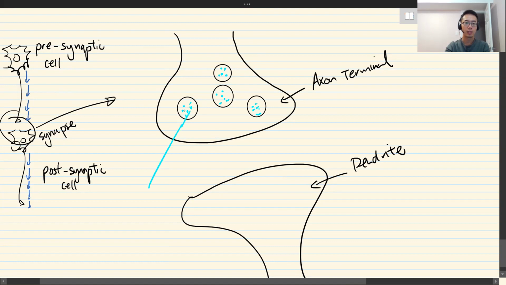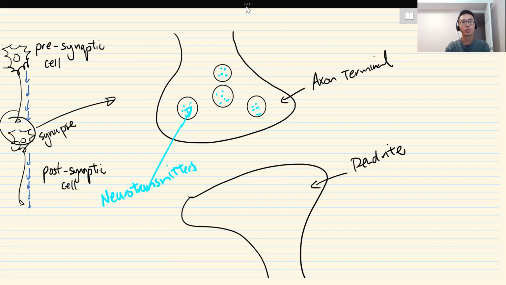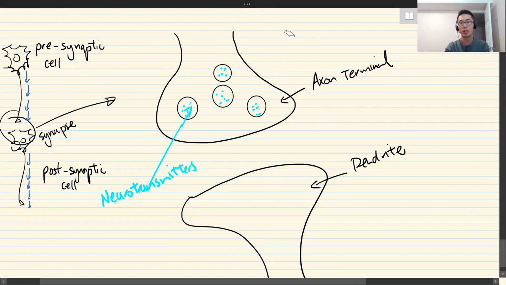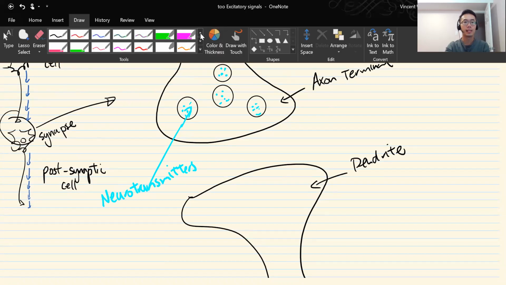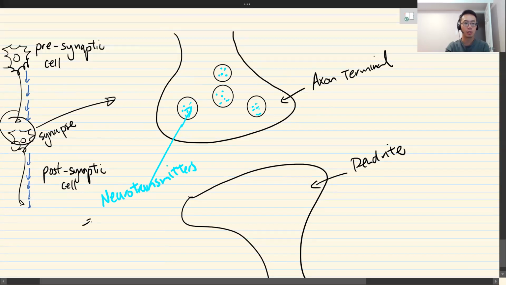And so these blue dots, they are neurotransmitters. So a quick word about neurotransmitters. They are basically molecules, chemicals, molecules for synaptic communication.